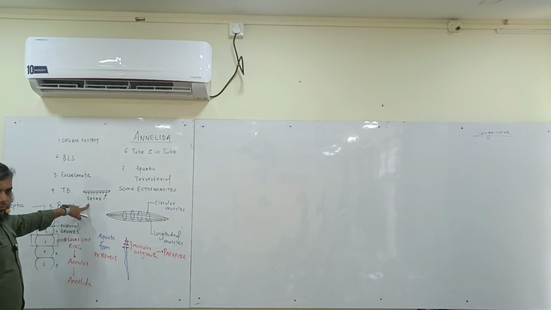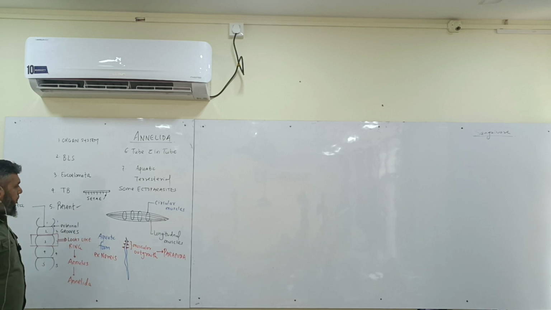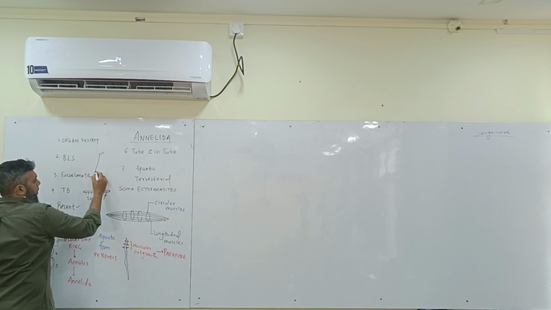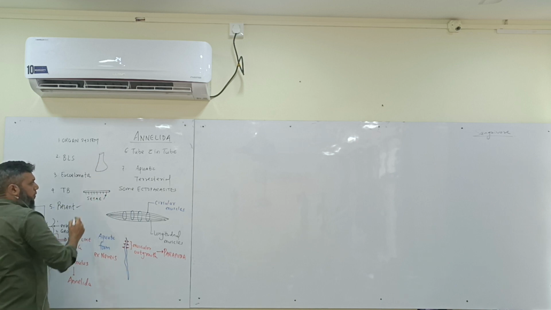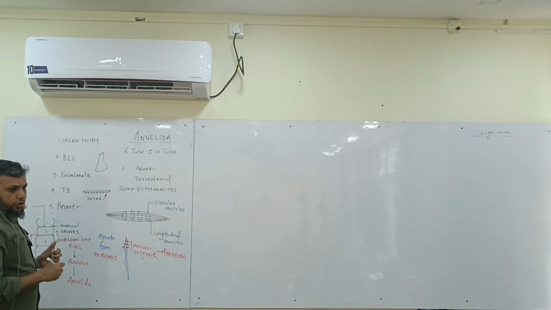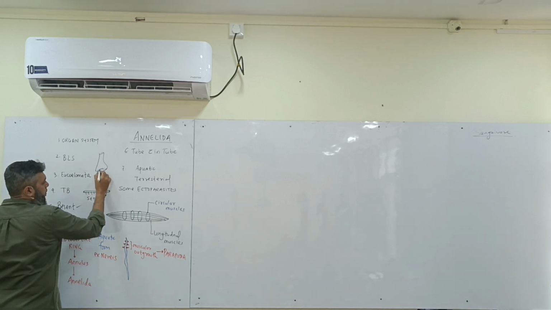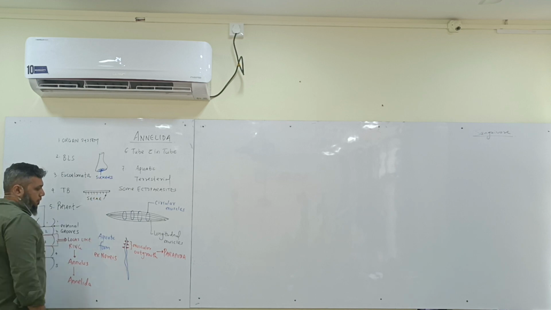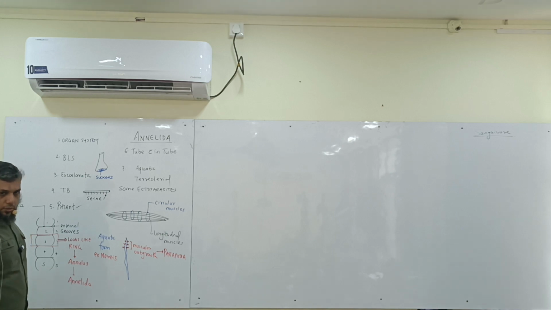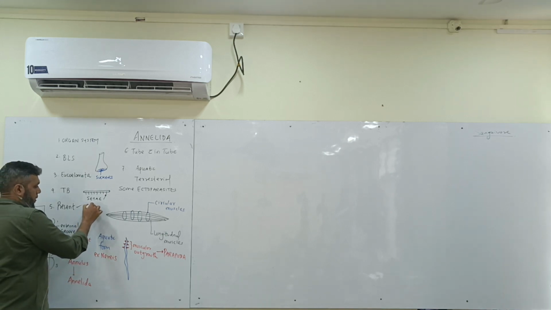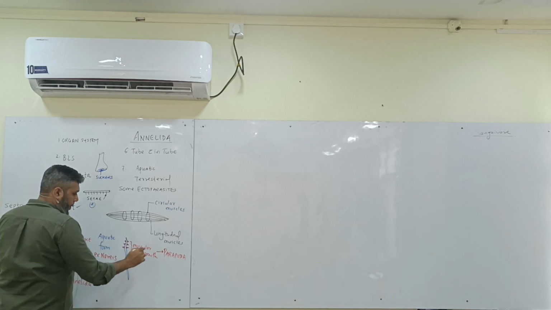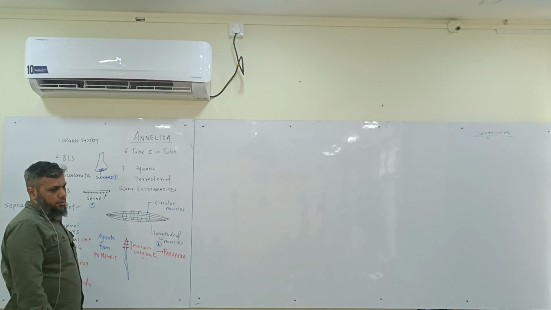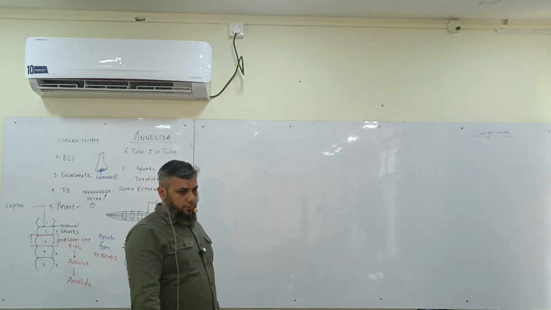Shall I continue? Some of them, like a leech, show the presence of structures called suckers. The setae, parapodia, as well as suckers can help in locomotion.